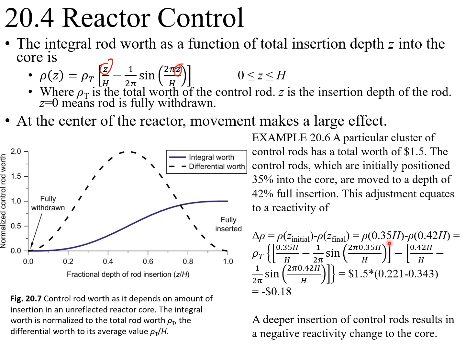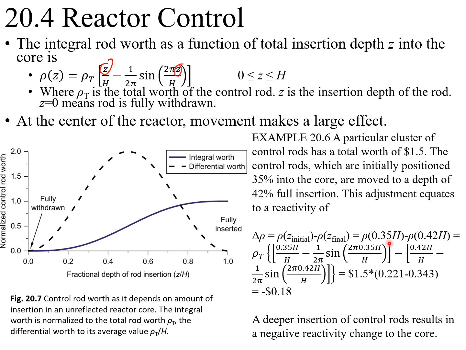Then we further expand this equation using the formula introduced on this slide. Then the H will be cancelled. Okay, H will be cancelled, and you will get a value for the first bracket and another value for the second bracket.